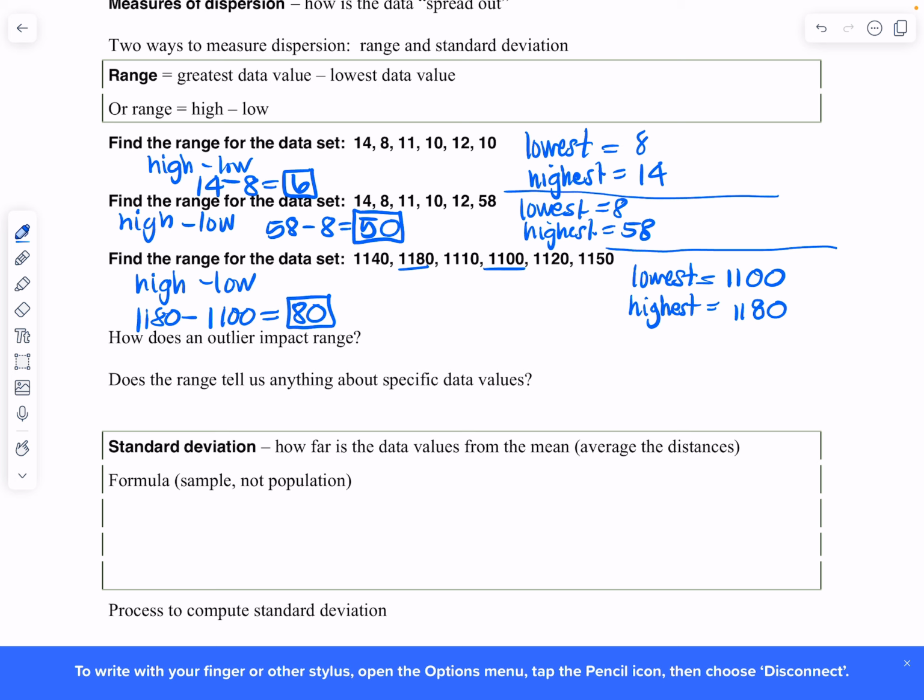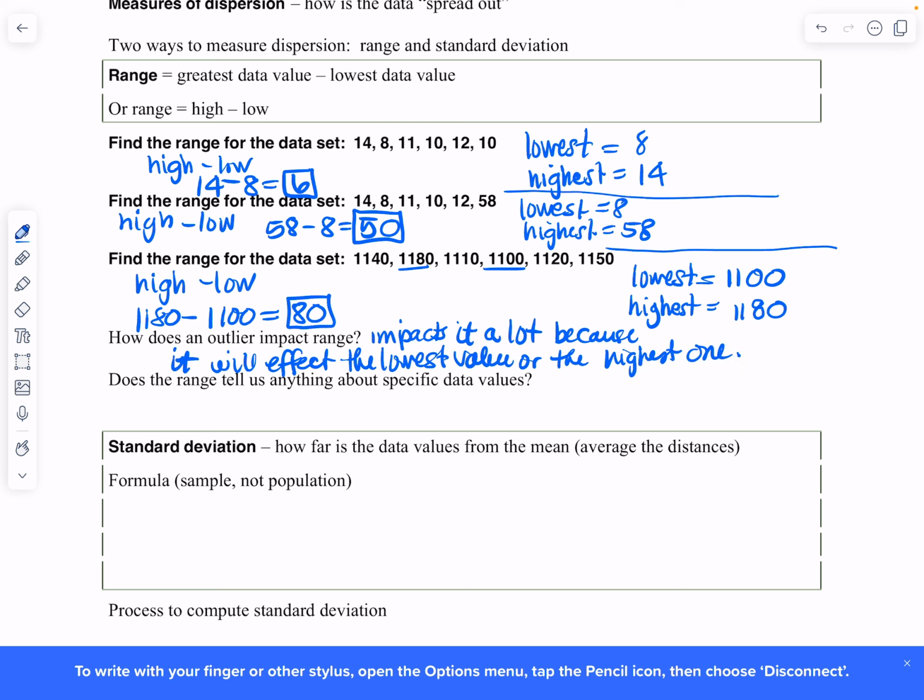How does an outlier impact the range? It impacts it a lot, because it will affect the lowest value or the highest one.